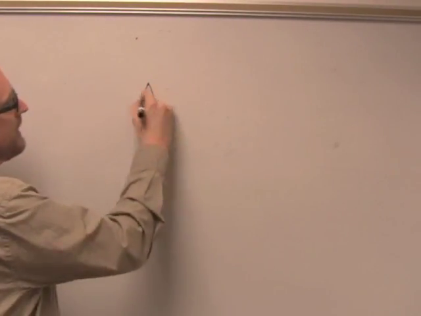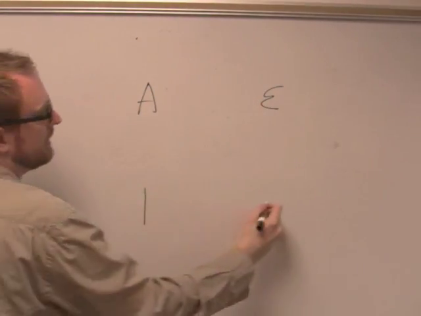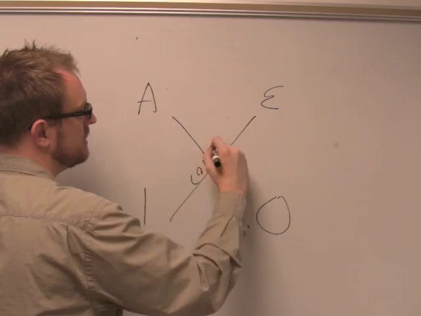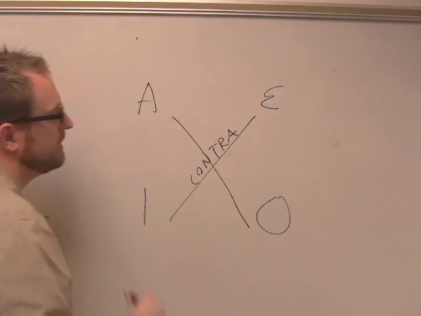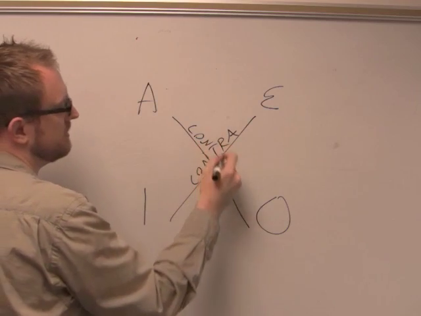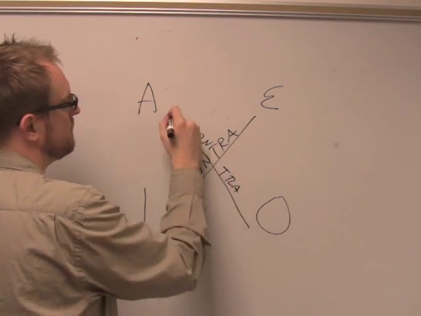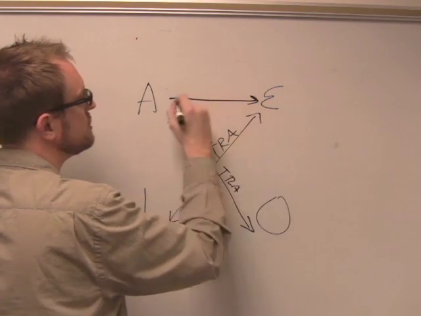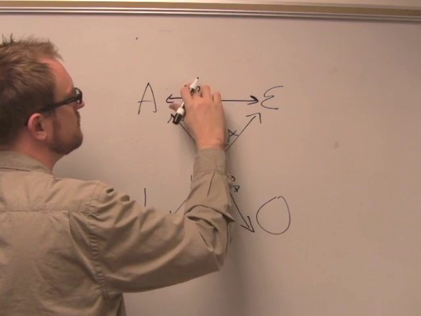So remember, we have our A, our E, our I, and our O. These are contradictories. I'll just put contra here. These are our contras. We also have up here our contrary relationship.